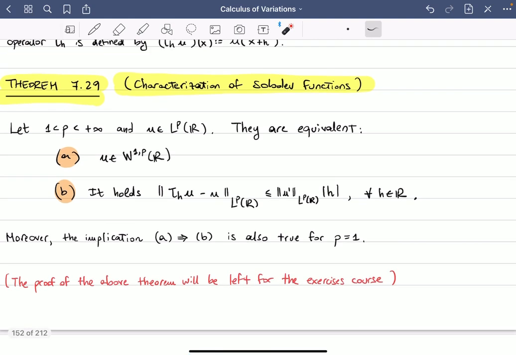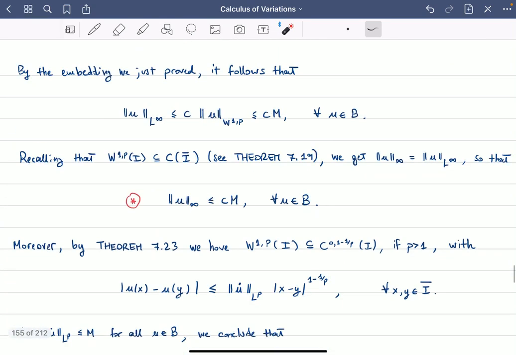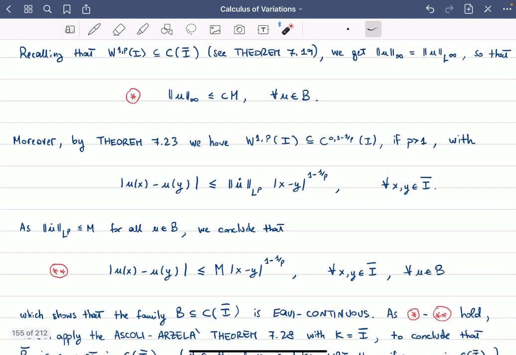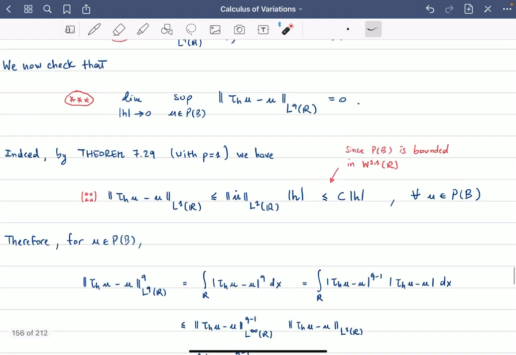So we use exactly this theorem 7.29 now, with p equals to 1, because remember that the implication A implies B holds also for p equals to 1. So maybe let's be precise here. Okay, this can be moved below.